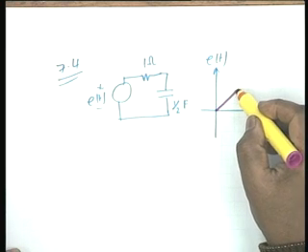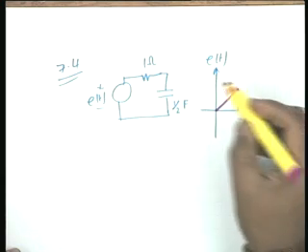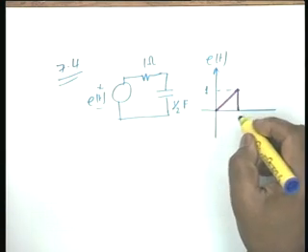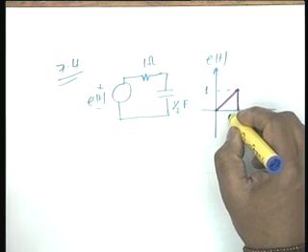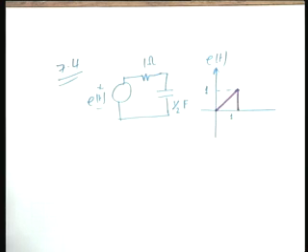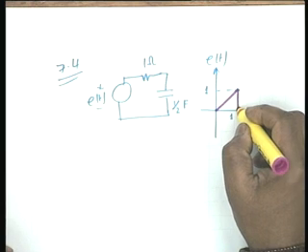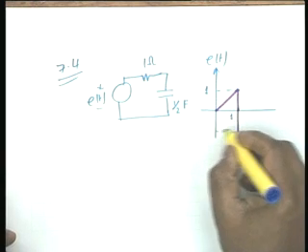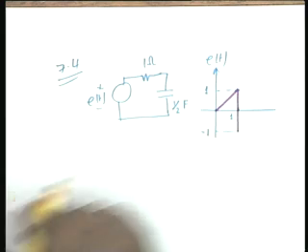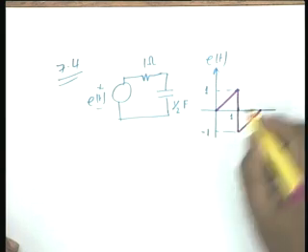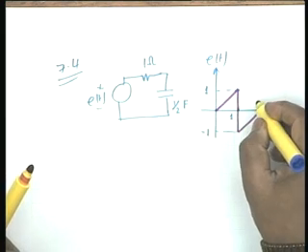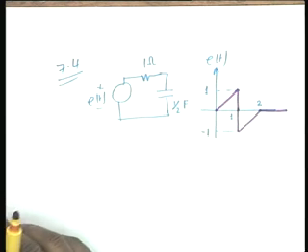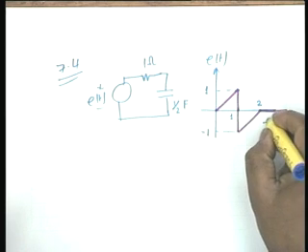It rises linearly to a value of 1 at t equal to 1, then it falls at t equal to 1 to minus 1, then it rises linearly again to 0 at t equal to 2, and then remains 0 throughout. Okay, this is the plot of E of t versus t.